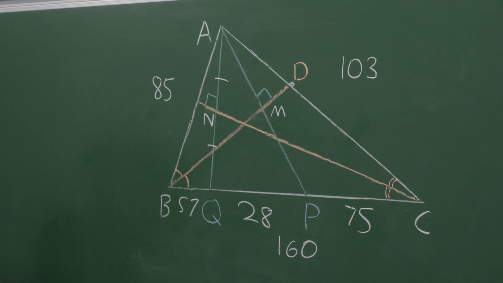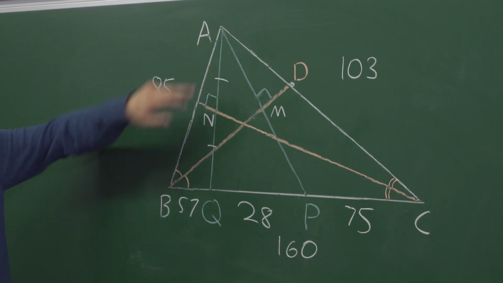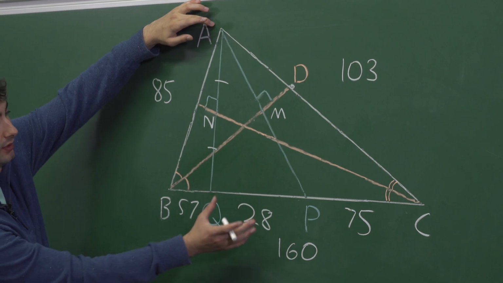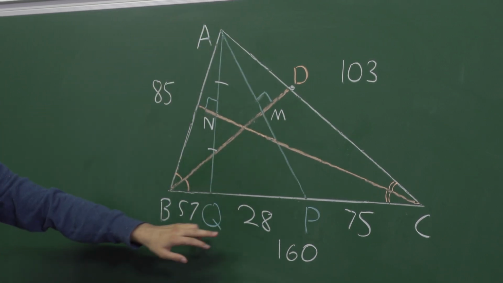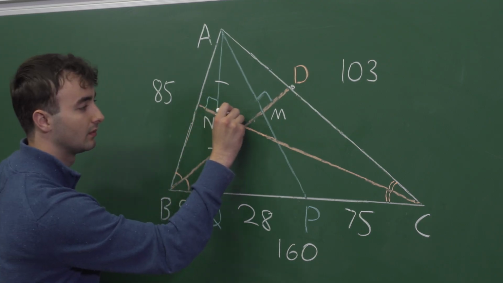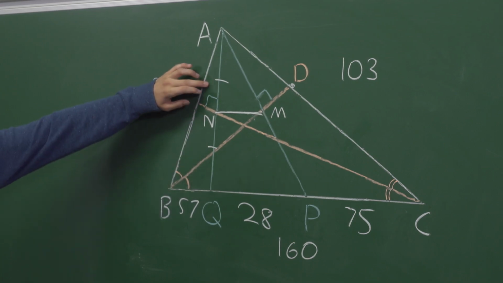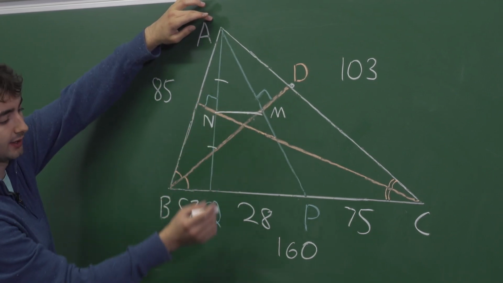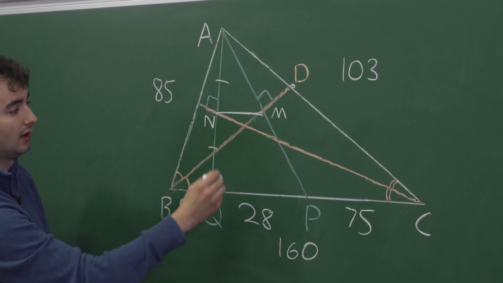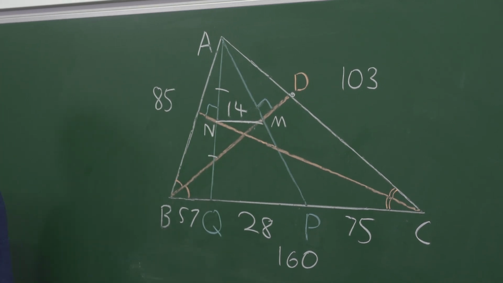And the final step is to notice that since M is the midpoint of AP and N is the midpoint of AQ, we can take a scale factor centered at A with factor 1/2, which will take the length PQ onto MN. So because the scale factor is 1/2, when we shrink from the point A, this length PQ, which is 28, will now become the length MN, and it will be 14. And this finishes the problem.